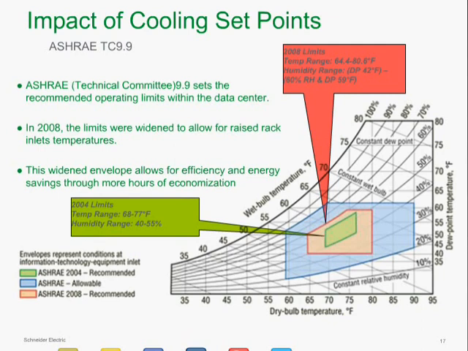Basically what this shows you is that back in 2004, that narrow little green box was essentially the recommended guideline for temperature and humidity conditions for cooling units in a data center application. In 2008, with a subsequent update to the standards in 2011, that range was expanded to the red box, which is shown on the psychrometric chart, and that's the recommended guideline.